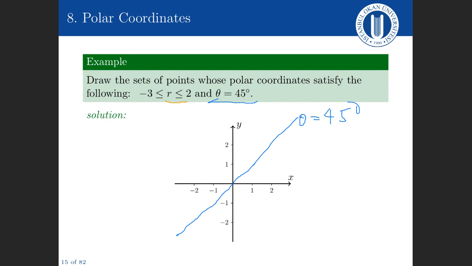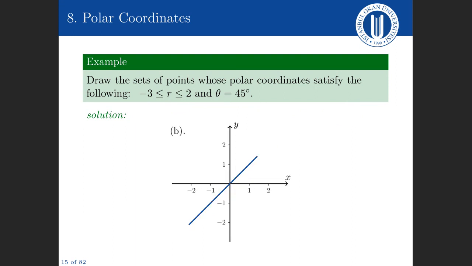R is less than or equal to 2. 2 is about here. R is greater than or equal to -3. For -3, we're looking down the bottom left-hand corner. -3 is about here. We should be on this blue line between the two orange ones. So we should have something like this red line. Let me draw this with a computer, and here we are.